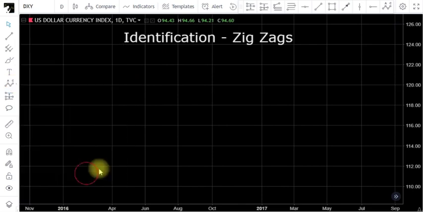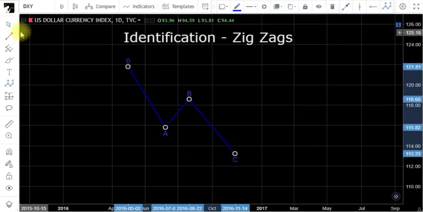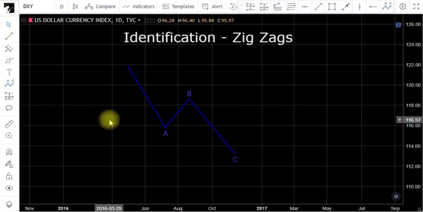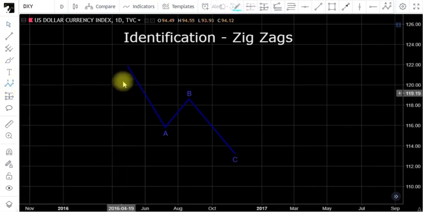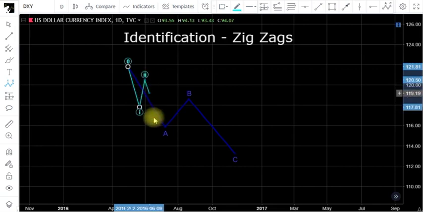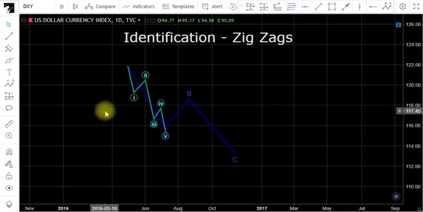So, as we know, a zigzag is a wave that looks like that. In other words, we have 5 waves coming down, 1, 2, 3, 4, 5, and that could be impulsive, or motive waves.